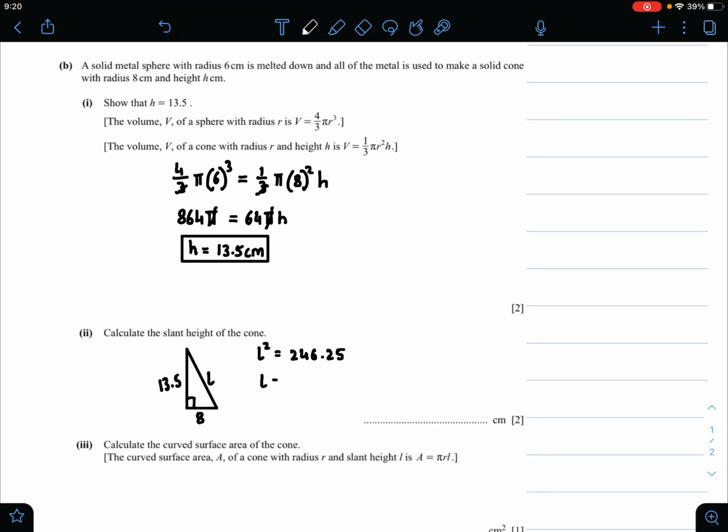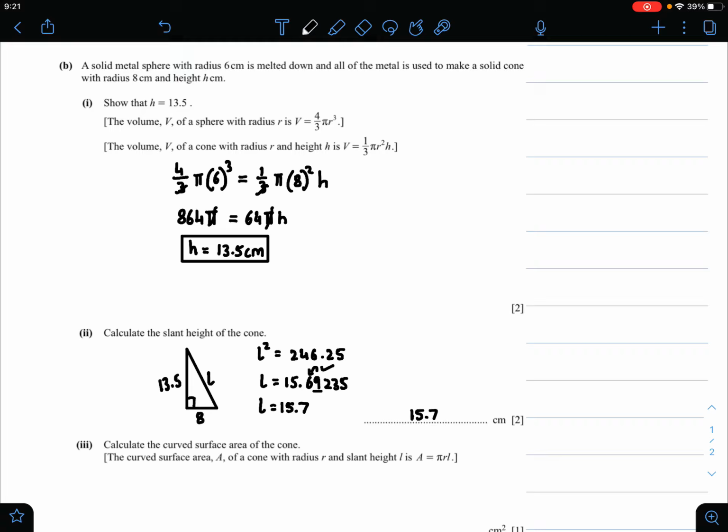Therefore the slant height will be equal to the root of this number, so your final answer would be 15.69235, and therefore your final answer would be 15.7, because the fourth significant figure, which is 9, is greater than or equal to 5, so it rounds off the 6 to the next number. Therefore 15.7 centimeters will be your final answer for part B2.